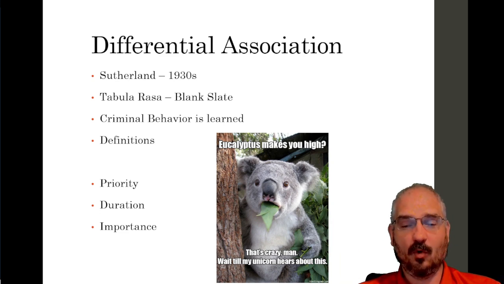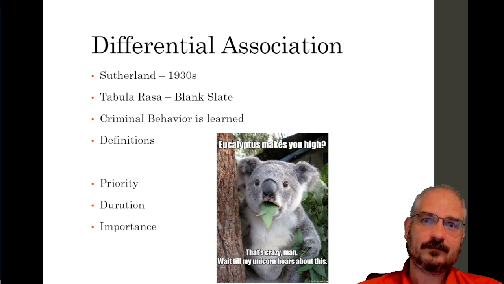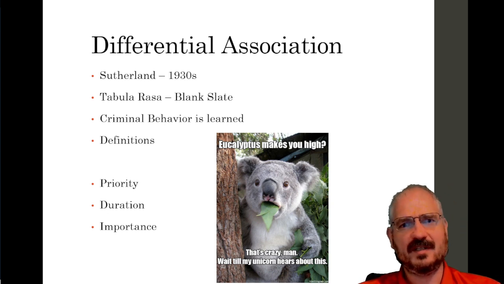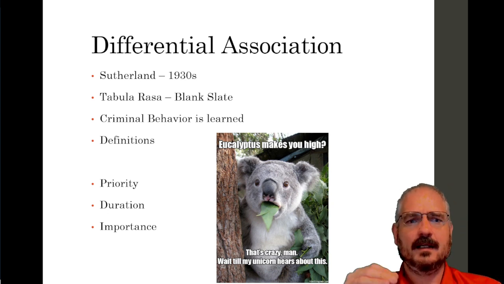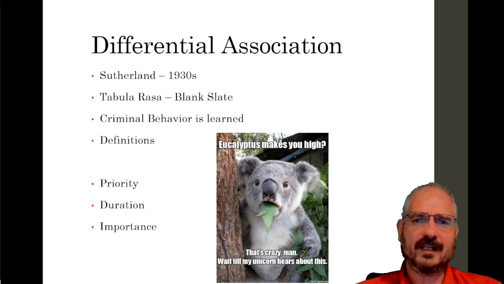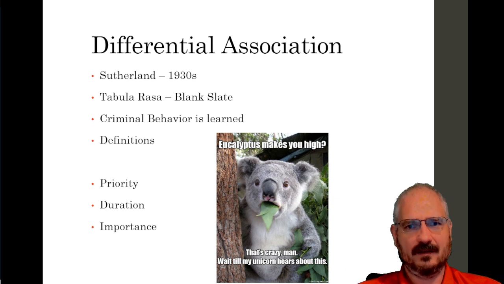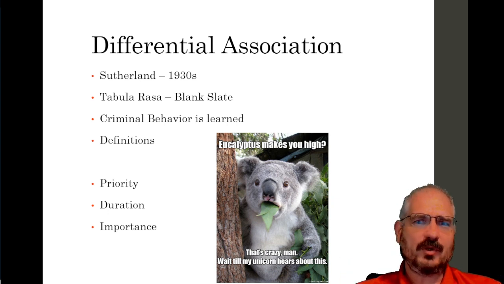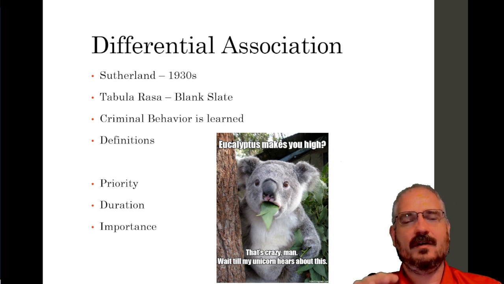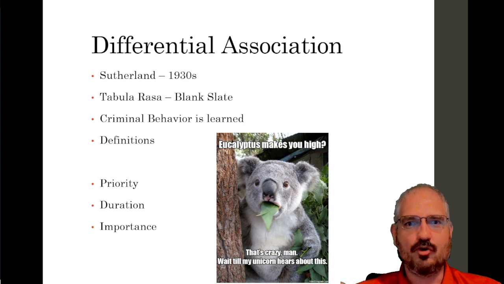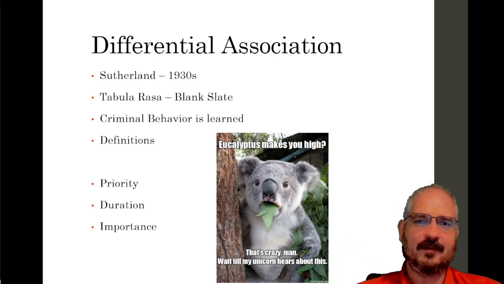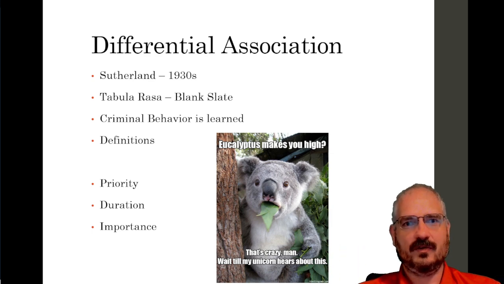pro-law-abiding or pro-deviance. And when you're very young, up until adolescence, the primary group that you're learning these definitions from is your family, especially your parents, but also your siblings. But once you hit about that adolescent age, all of a sudden the primary group that you're getting these definitions from isn't your family anymore. It's your peers, the people you're spending time with, your friend group, right?